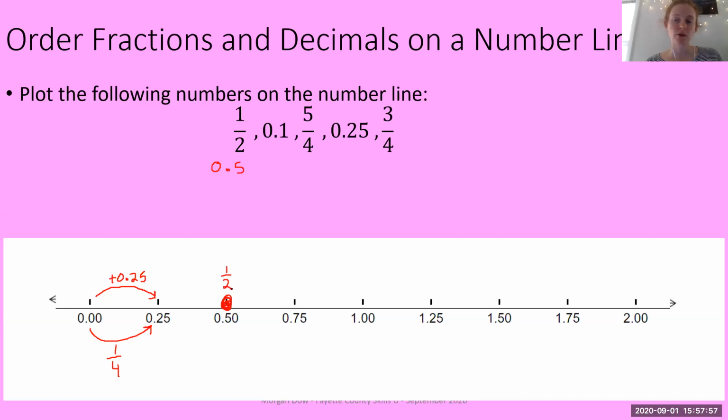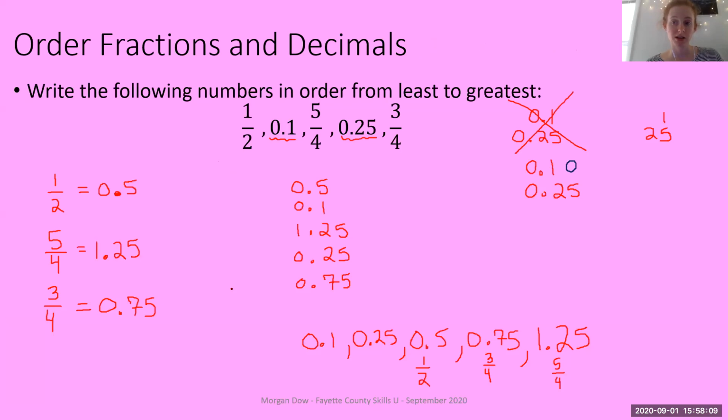Second number is 0.1. Where do you think this belongs on the number line? Well, we know from our list that 0.1 was the smallest number on our list. It was less than 0.25, less than 0.5, less than all those numbers.